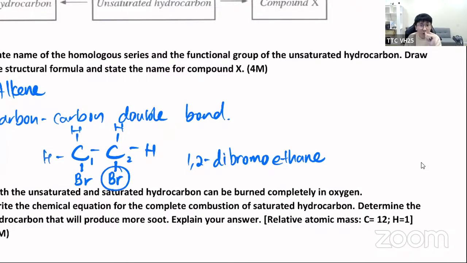This one is 1,2 dibromoethane. Someone asked, why not ethene? Because after adding already, no more double bond. So no more double bond means cannot call ethene anymore. Ethene is because of the double bond.